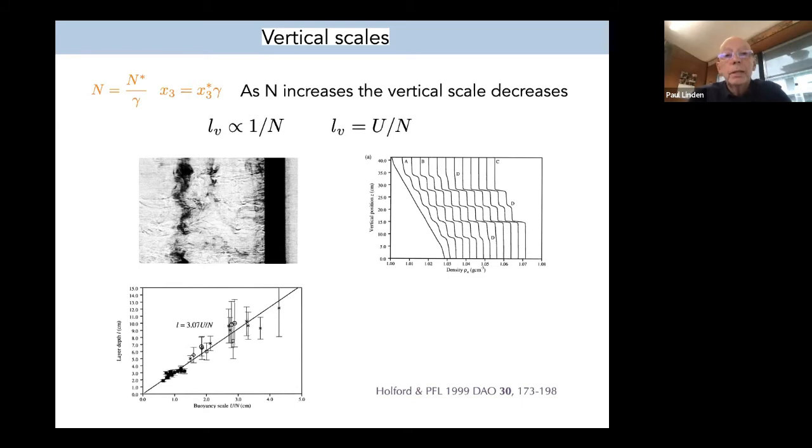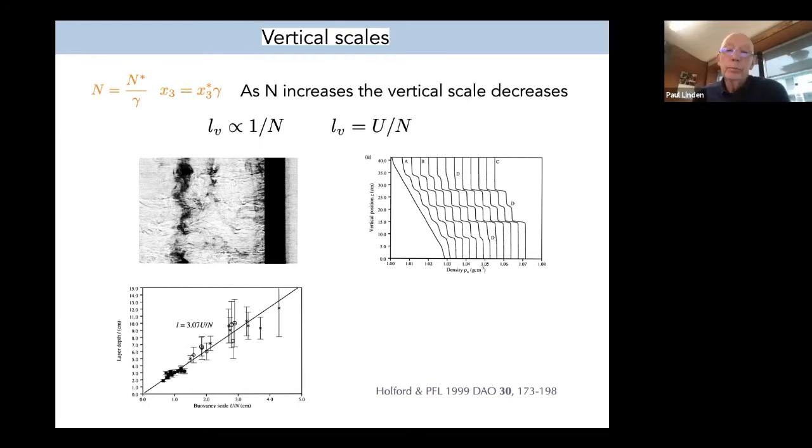Because they scale like this, the vertical scale is proportional to 1 over the buoyancy frequency. To make it dimensional, we need a length. The only other parameter at our disposal is the velocity, so you expect the vertical scale to scale like U over N.